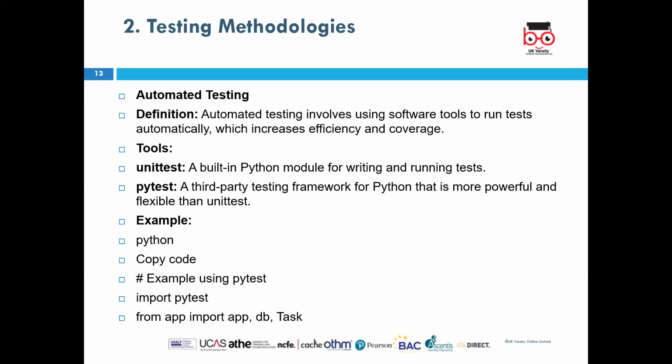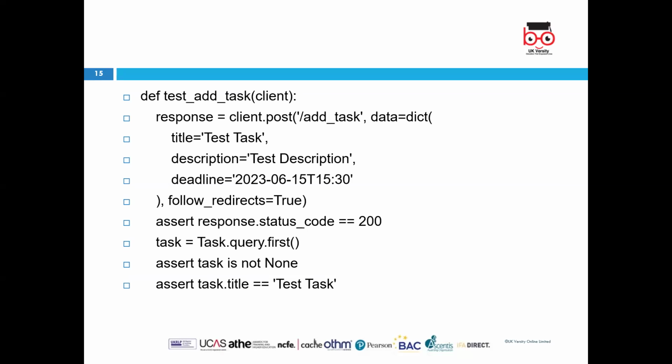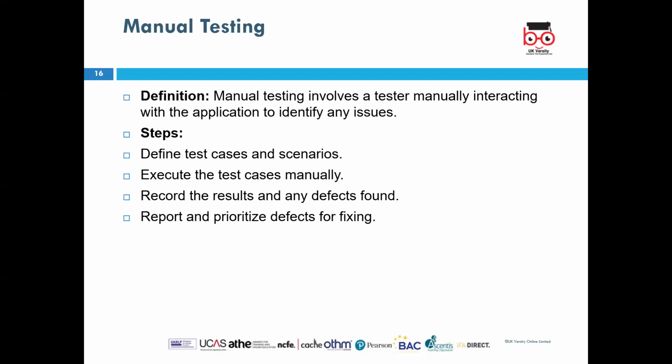There are loads of software tools and IDEs for automated testing, and this allows us to speed up and save time when testing our applications. Again, here we have an example of our pseudocode, where we define our functions with the parameters in order to perform this automated testing.